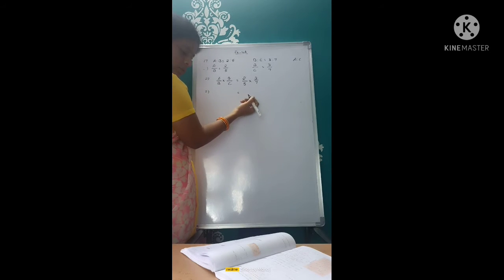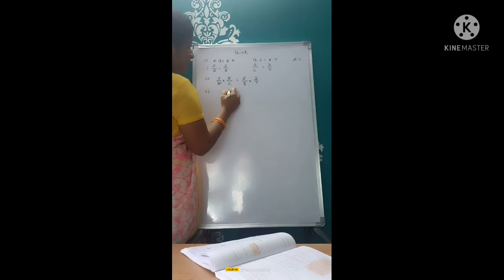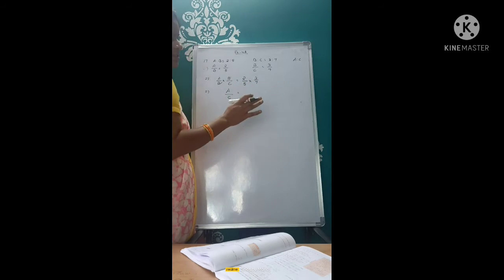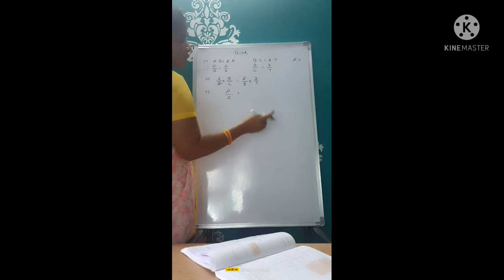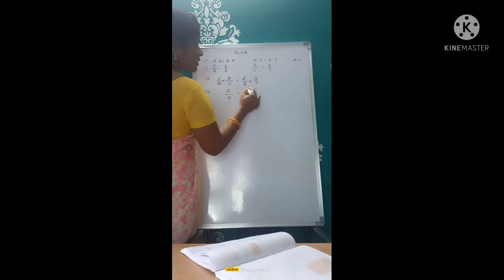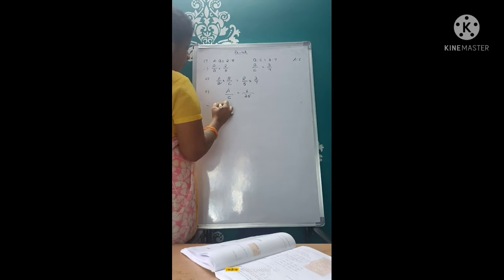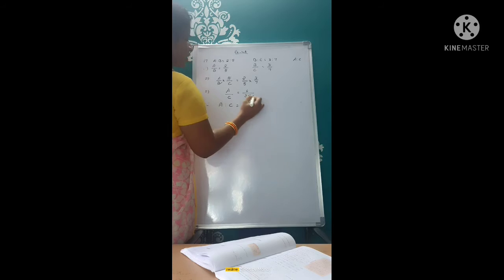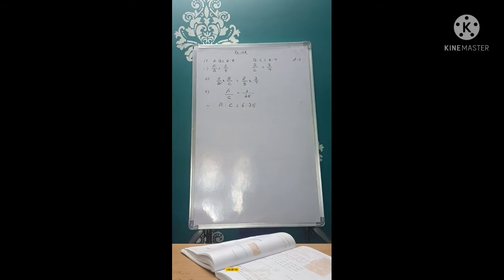Okay. So B we cancel. Now here we get A by C. Any cancellations? Nothing is there. So you just multiply the numerators and denominators. So 2 3s are 6, 7 5s are 35. Therefore, A is to C equals 6 is to 35.